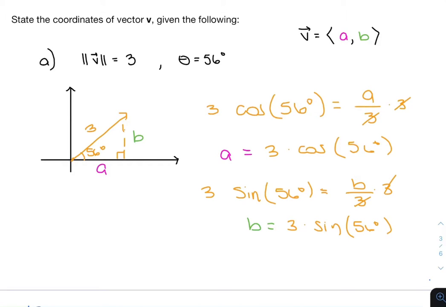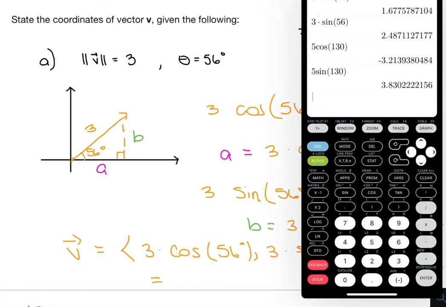And so now we know what our A is. Our A is 3 times cosine of 56, and our B is 3 times sine of 56. So we can write that out. So our vector V is equal to 3 times cosine of 56 degrees, comma, 3 times sine of 56 degrees. And now we can just plug this into our calculator and see what we get.